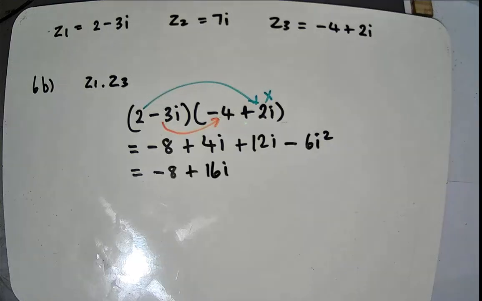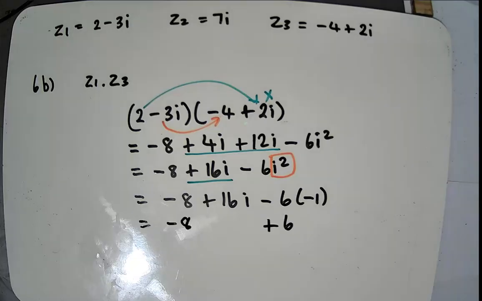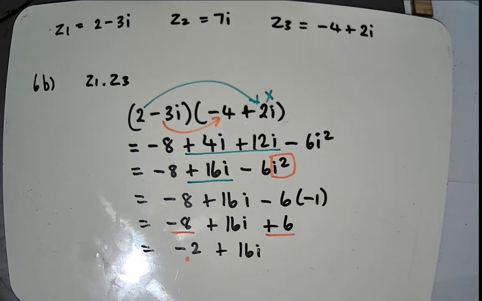So adding up those like terms, 4i plus 12i gives us plus 16i. Now where I see that i squared, don't forget to substitute a minus 1 there. And so minus 6 times minus 1 will give me positive 6. So minus 8 plus 6 gives us minus 2 plus 16i.